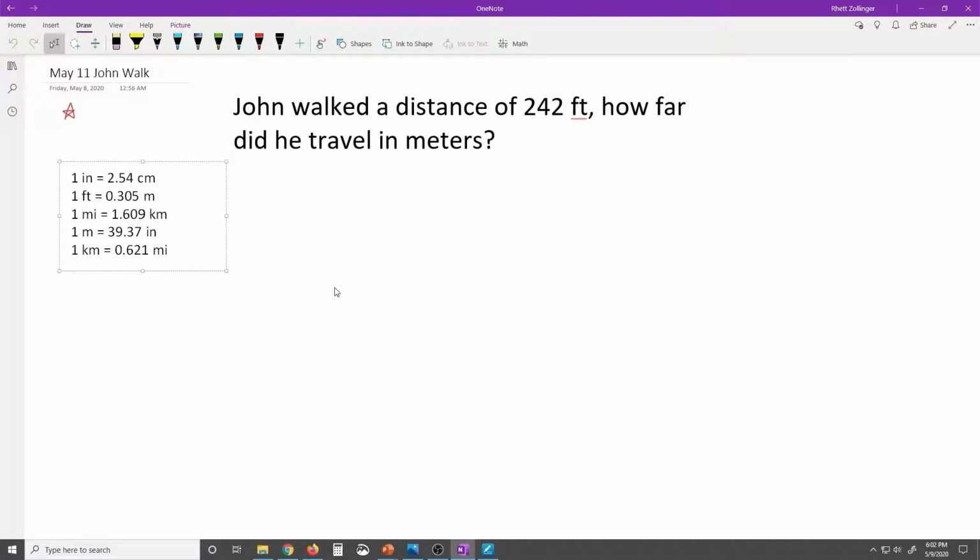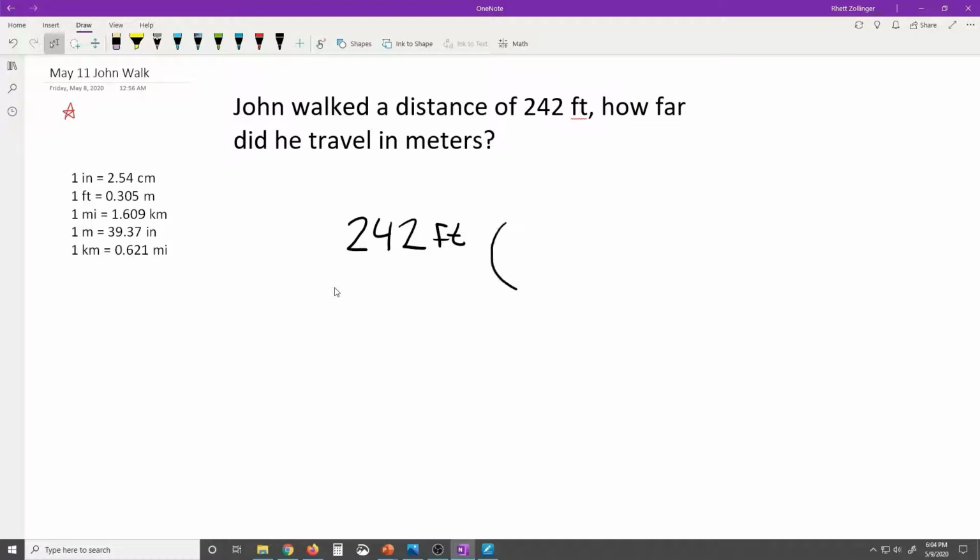So I know that John walked a distance of 242 feet. So I'm going to write here 242 feet. And I want to get rid of feet and replace that with meters. So I can multiply this whole value by 1, which doesn't have any effect. So as long as I'm multiplying it by something that equals 1, nothing actually changes. A useful factor would be something that has meters and feet in it. And I specifically want to get rid of feet and replace it with meters.